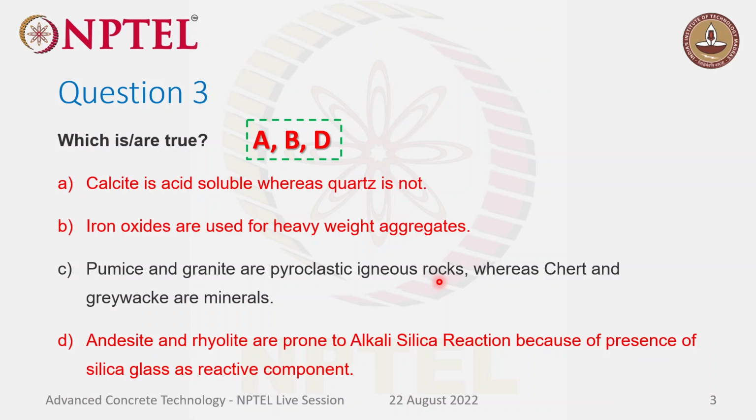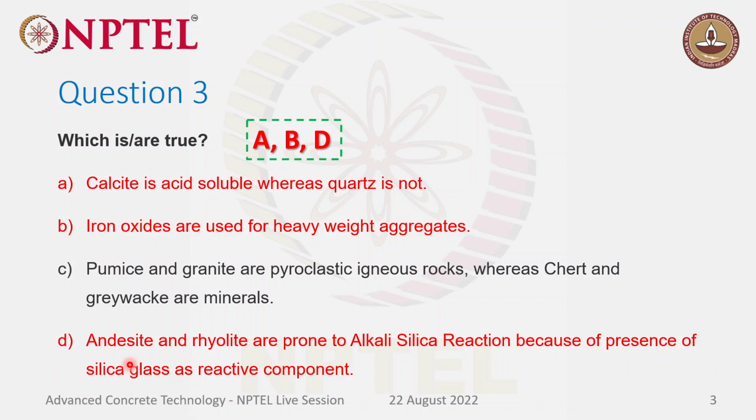They are very porous. Compared to this, the crystals are well defined in granite compared to this pumice type of rock. Okay, and the chert and gravel minerals, they are not igneous rock minerals. They are sedimentary rock type of minerals, both chert as well as gravel. So this statement is false.